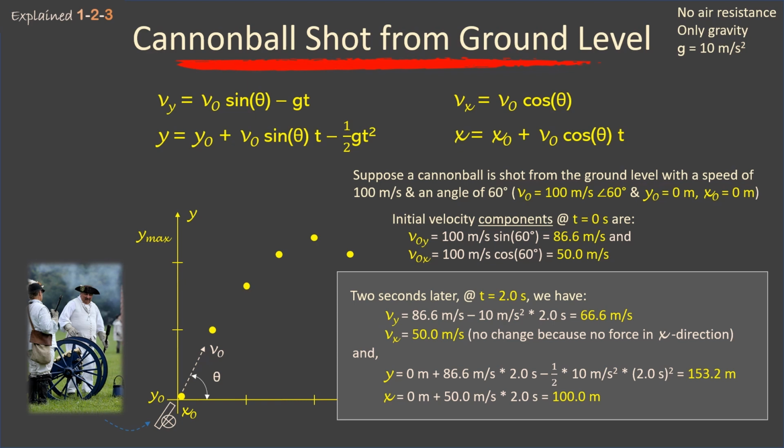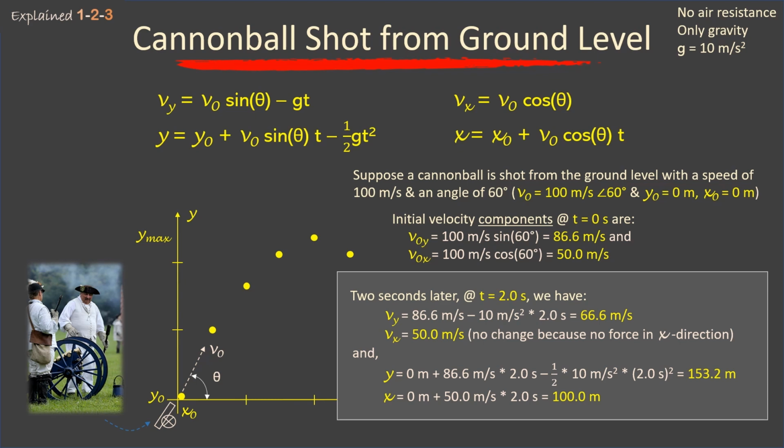The horizontal x direction velocity, v sub x, stays constant at 50 meters per second, because there's no air resistance. Likewise, we can solve for x and y position by using the two position equations above and get 153.2 meters for y and 100 meters for x, at t of 2 seconds.